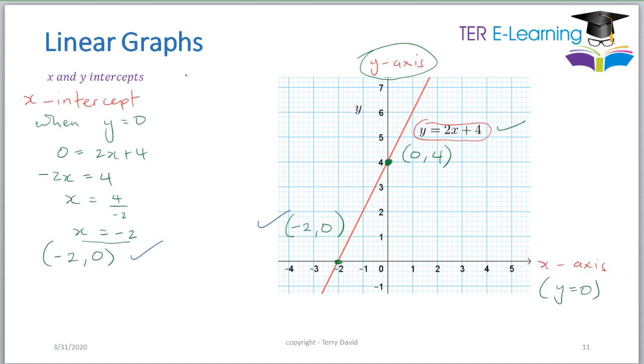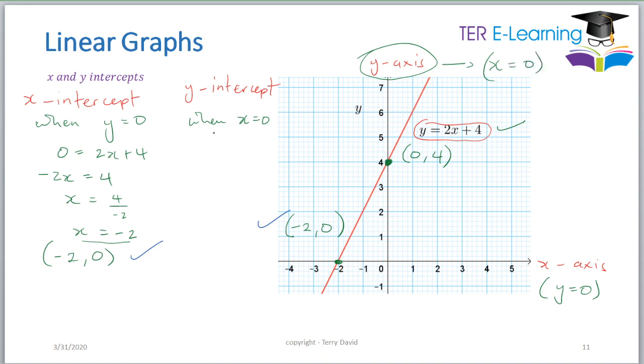Now, you all need to be able to calculate the y-intercept as well. Now, in the case of the y-intercept, for the y-intercept, we have to say when x is equal to 0, because my y-axis is also the line x is equal to 0, right?